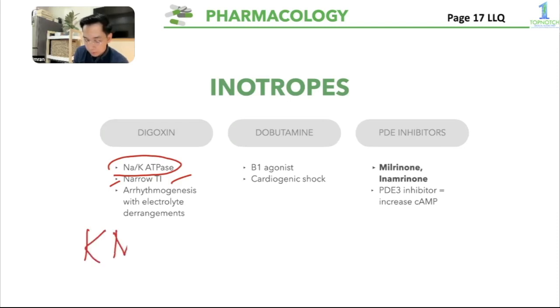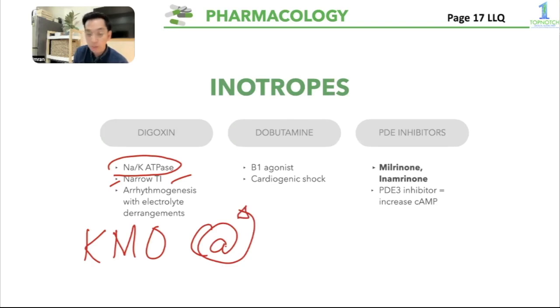Particularly the following, no? Okay. So kaya ko siya ginanyan, no? I-drawing niyo siyang ganyan mismo, no? Kasi potassium, magnesium, and oxygen, no, na mababang levels, hypokalemia, hypomagnesemia, hypoxia, can precipitate digoxin toxicity.